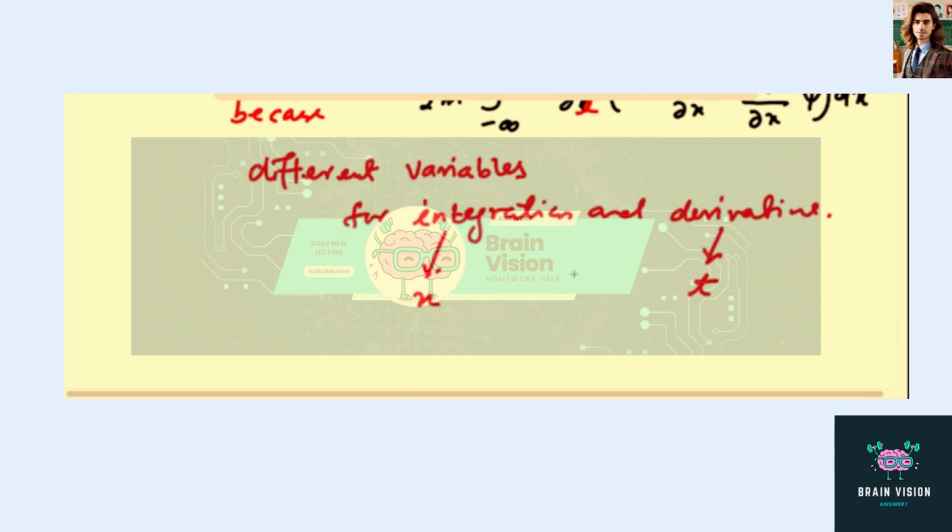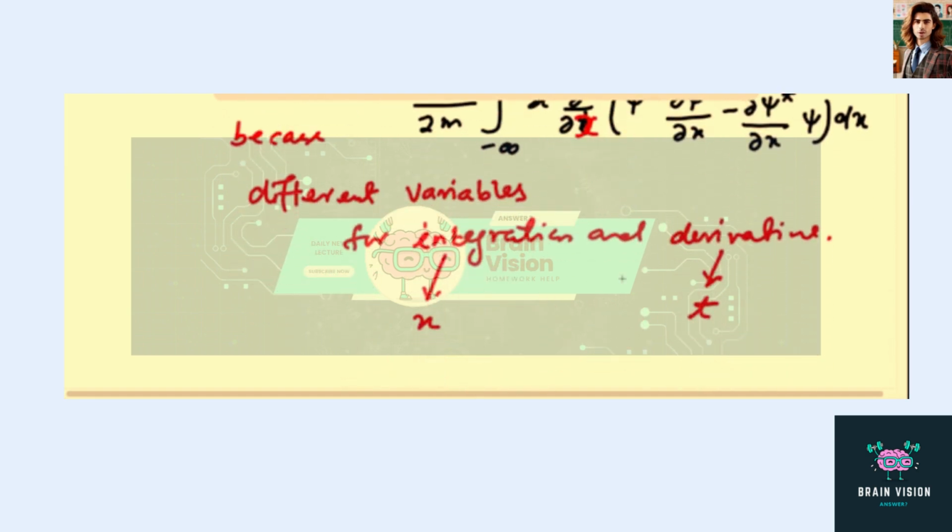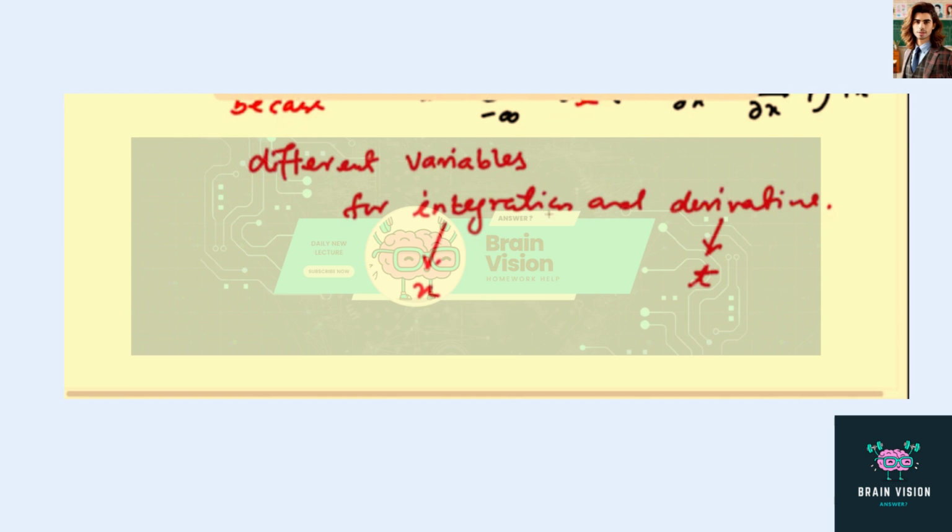If the variables were the same, suppose we are integrating this term with respect to x and the ∂/∂t is replaced by ∂/∂x, then we could do the integration by parts.